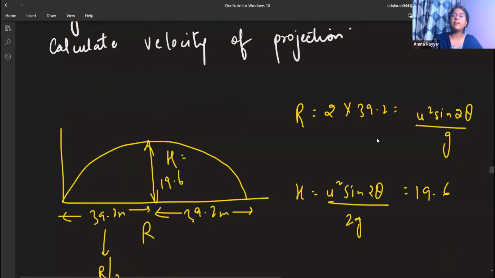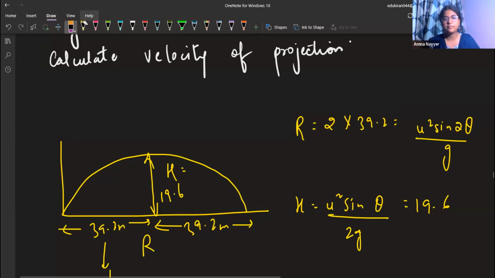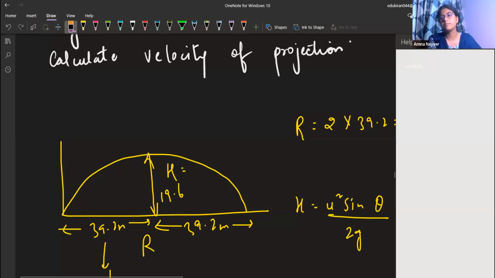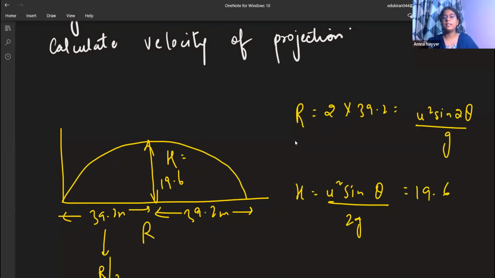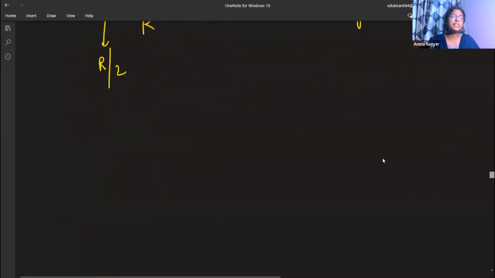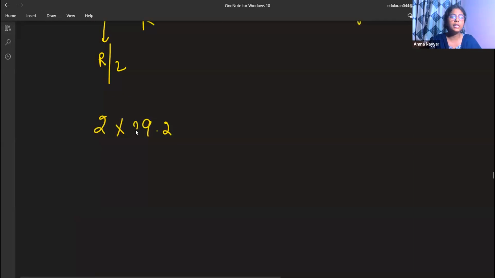Fine, so we have two equations: u square sine 2 theta by g, and u square sine square theta, not 2 theta, by 2g. Our two variables are there and two equations are there, so we can take their ratio. 2 into 39.2 divided by 19.6.